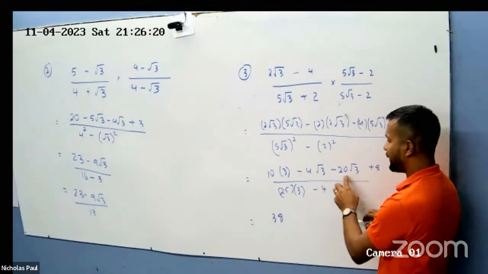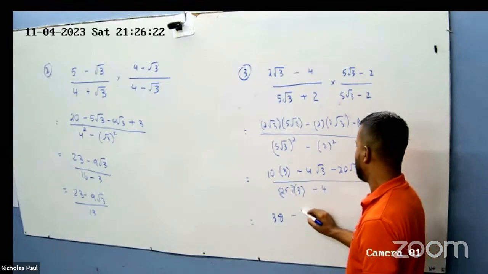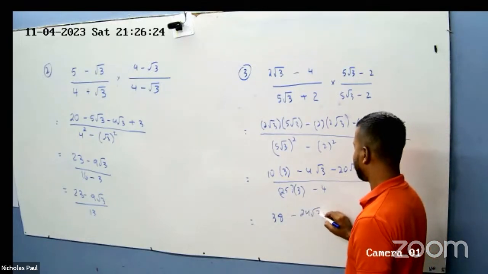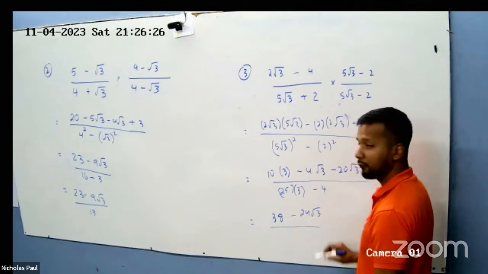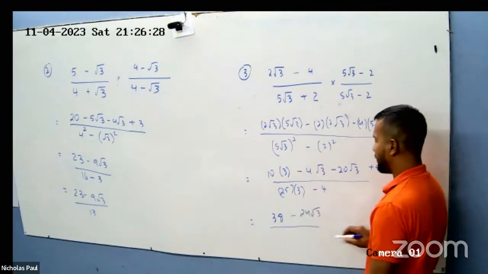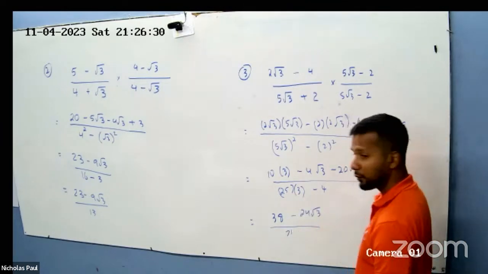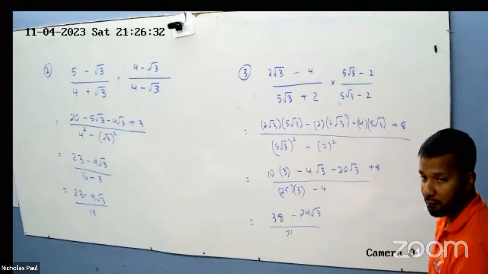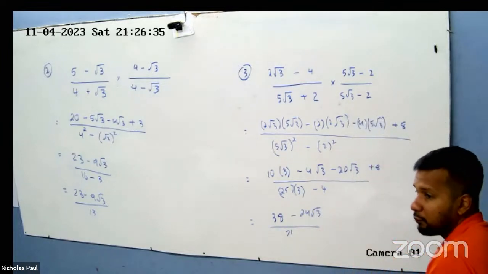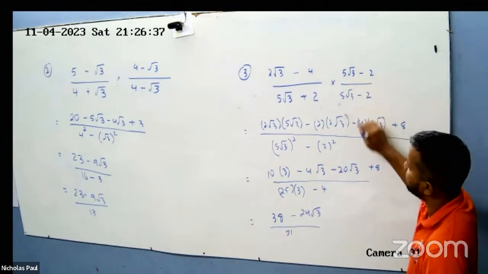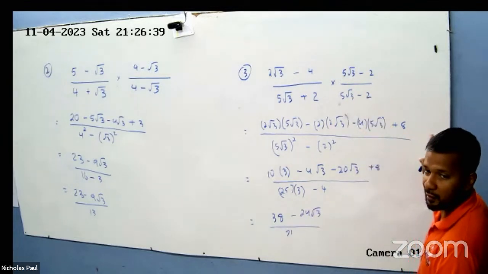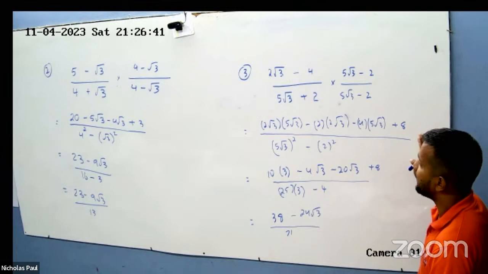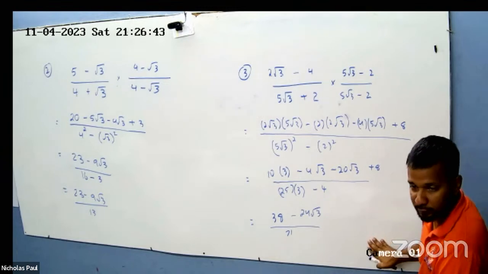Minus 4 minus 20, minus 24. 75 minus 4 is 71. So if you're not seeing it one time, write this step. It just takes 10 seconds extra. Write this step here and then we'll do it.